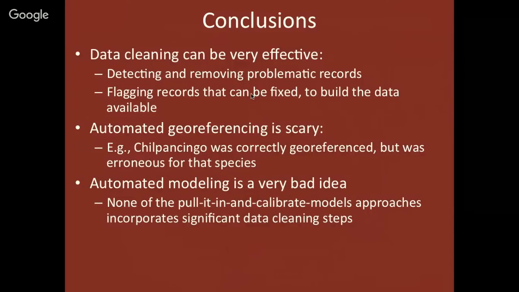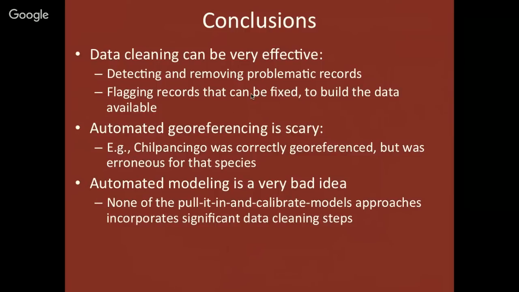I would say that any full automation of, in this case, niche modeling or distribution modeling is an extremely bad idea. You're starting to see workflows where such and such workflow pulls the data in from GBIF and goes ahead and calibrates a model.